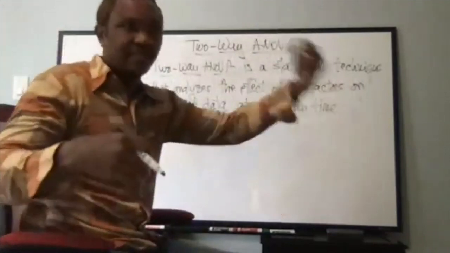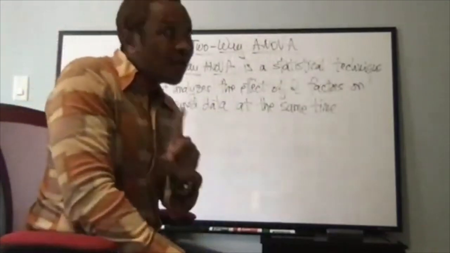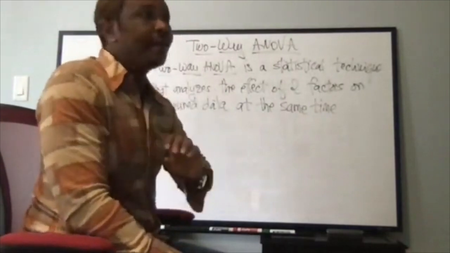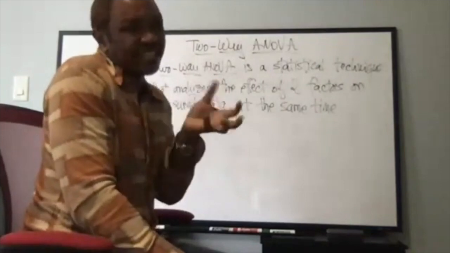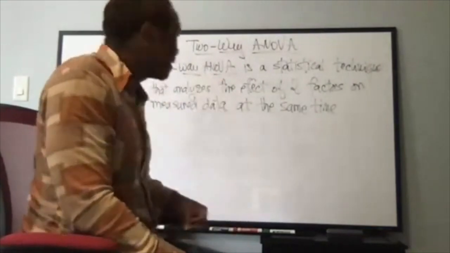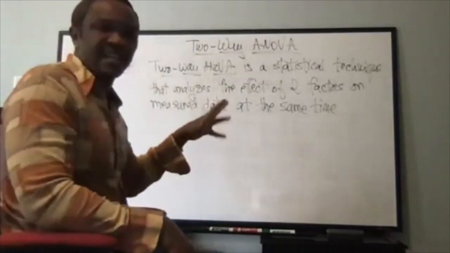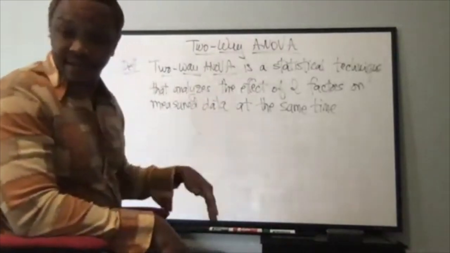Now, when we stated H sub 1, we said not all mu restaurants are equal, right? So saying restaurants is, in a sense, saying that's the factor. But this time it's going to be a little bit more important that we say what the factors are as we do the analysis, okay?